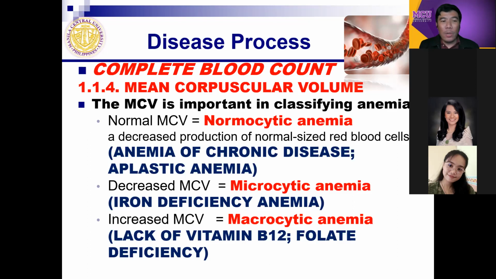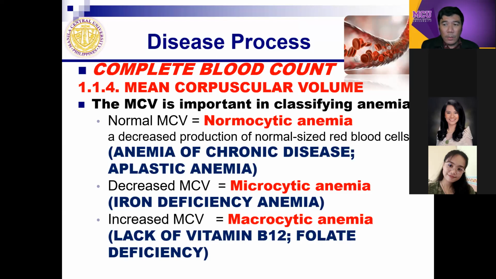So if for example it is needed to have new red blood cells, which are obviously produced in the bone marrow, pero ang bone marrow po is not capable of producing the new blood cells, that is what we call aplastic anemia.